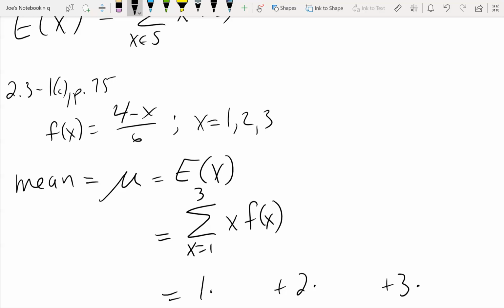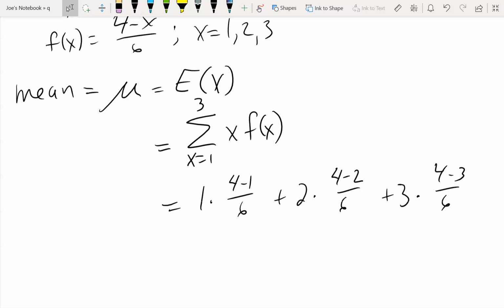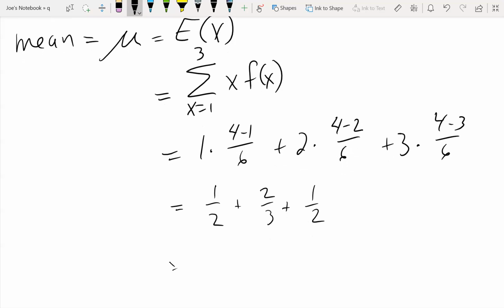I need to plug in 1, 2, and 3 for x, but I also need to plug x into f of x. In the first case, we'll have 4 minus 1 over 6. The second case, 4 minus 2 over 6. The third case, 4 minus 3 over 6. So we'll have a half plus 2/3 plus a half. So we get 5/3.